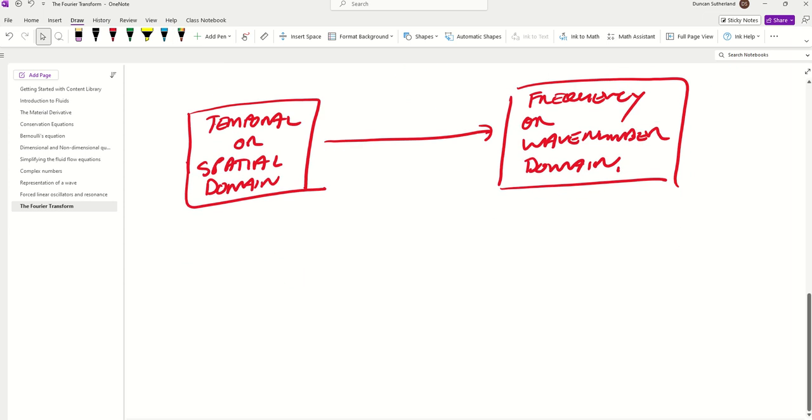The interesting thing about the Fourier transform is how we go back. We often use Fourier transforms in a few places. One is numerical methods which simplify partial differential equations.